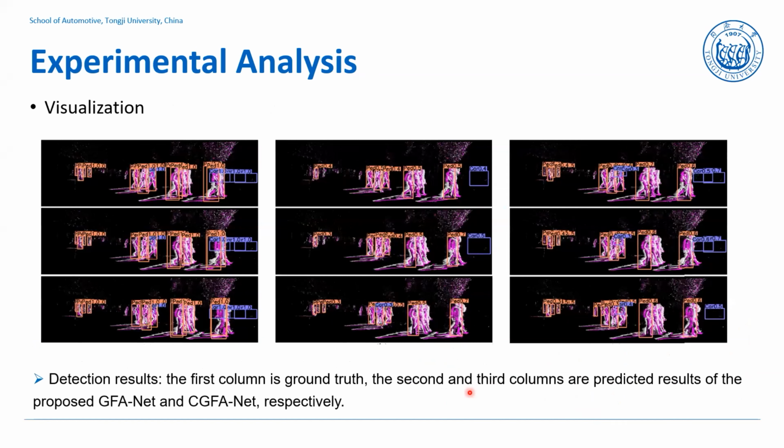We also display the detection results of the proposed models. The first column is ground truth. The second and the third columns are detection results of the proposed GFA-net and CGFA-net, respectively.